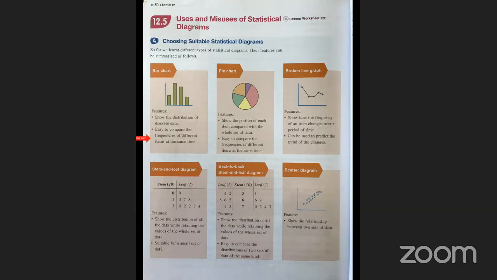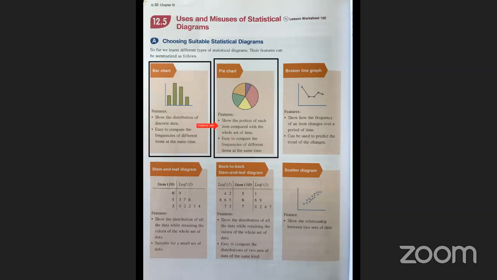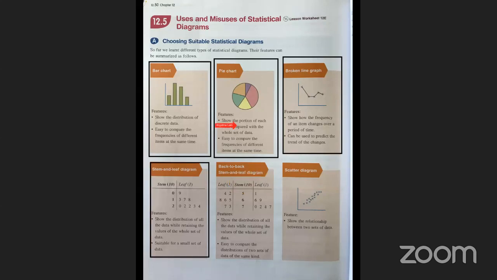And then we also have the pie chart. A pie chart looks like a circle. We use a circle, and usually we want to show the portion or percentage. It means as a whole, how much of it is a certain portion for a certain data.